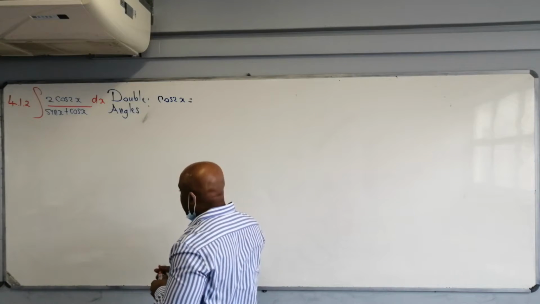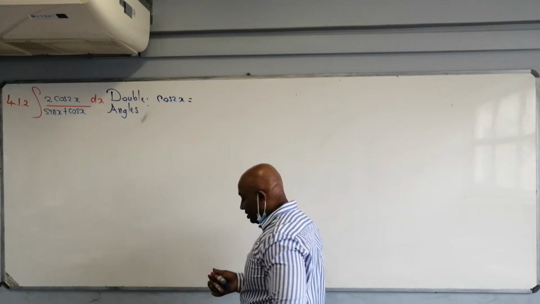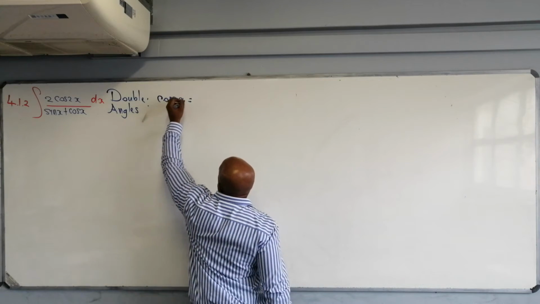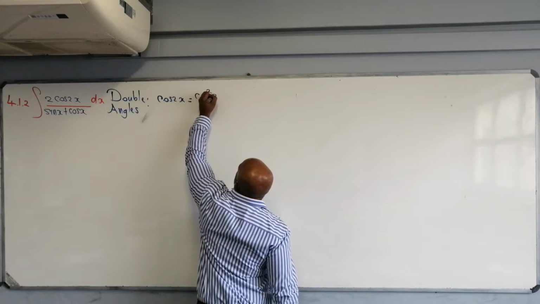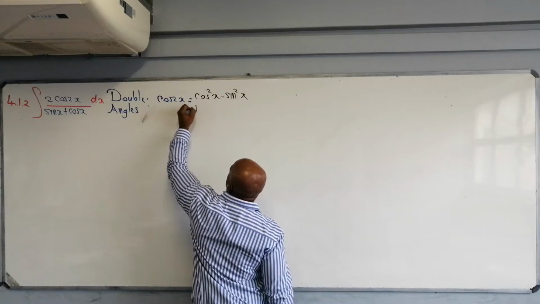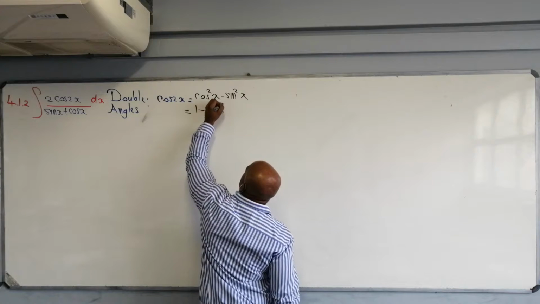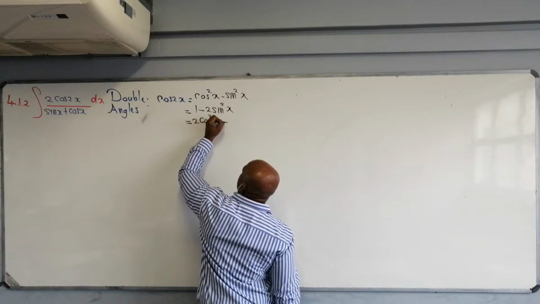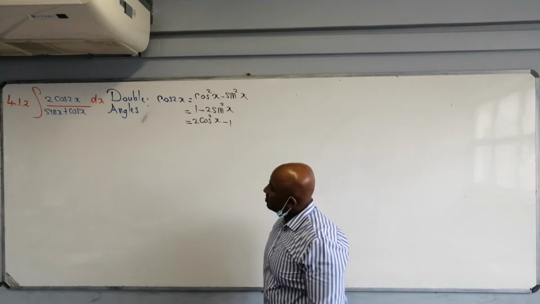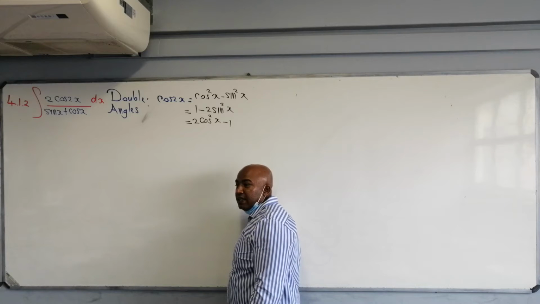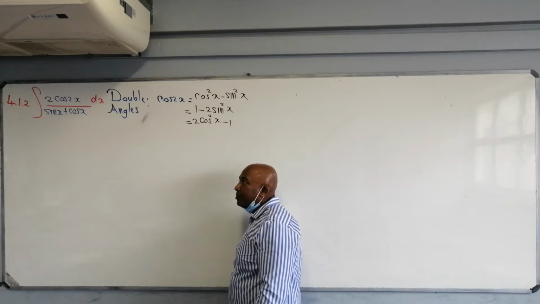From your double angle formulas, for cos 2x, there are 3 formulas. Number 1 is cos squared minus sine squared. Number 2 is 1 minus 2 sine squared. Number 3 is 2 cos squared minus 1. So which one can we use that will be appropriate for this example here?